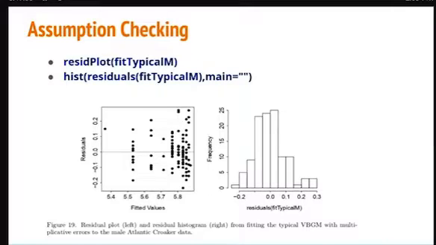And that was why I said the residual plot and the histogram from fitting the typical Bertalanffy growth model with the multiplicative error, to that. So I can say it's slightly less skewed, as compared to the other time when it was heavily skewed, which is an improvement.